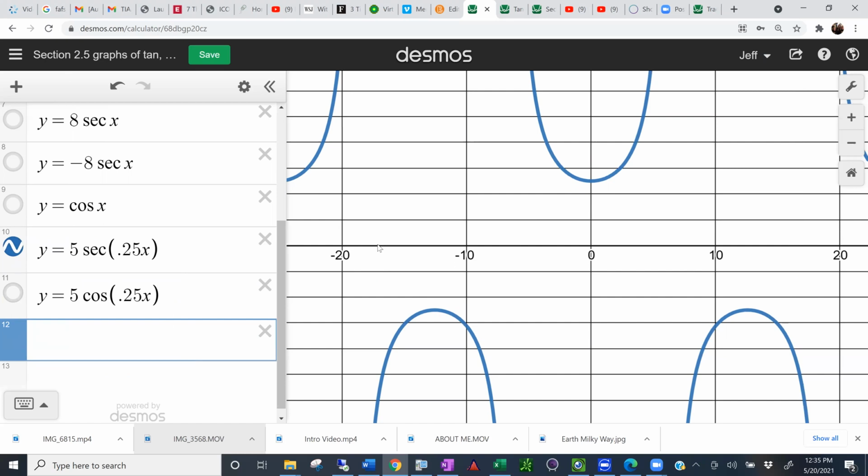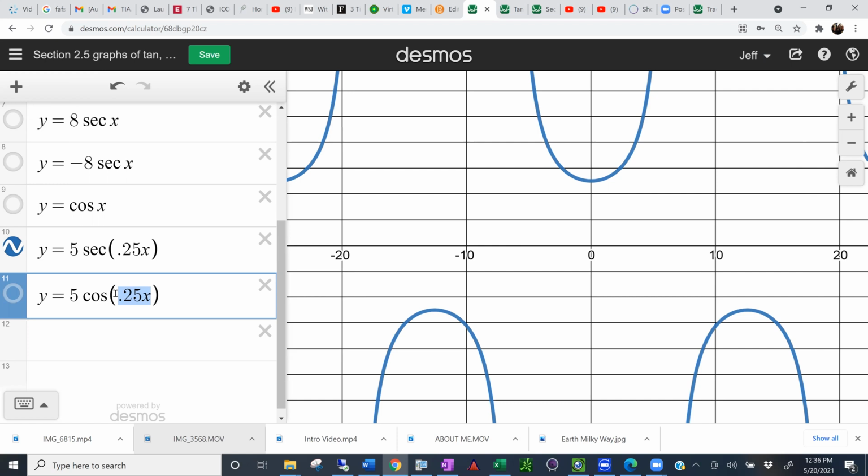Now, something else that's missing is some spots around this point and this point vertically. Asymptotes? Yeah, the asymptotes. We've got to figure out where those asymptotes are for this new graph. Now, where did the cosine, just the cosine, not cosine of 0.25x, have its zeros?